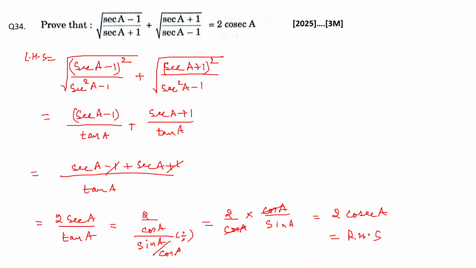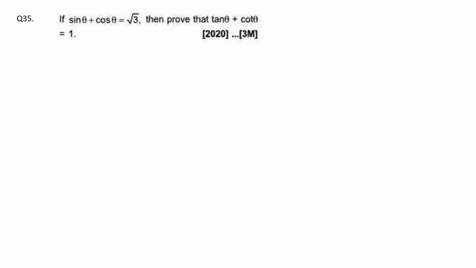Now moving to question number 35. If sin theta plus cos theta equal to root 3, prove that tan theta plus cot theta equal to 1. So sin theta plus cos theta equal to root 3, I am going to square on both the sides. So sin theta plus cos theta whole square is equal to root 3 square. So it will be sin square theta plus cos square theta plus 2 sin theta into cos theta equal to 3.